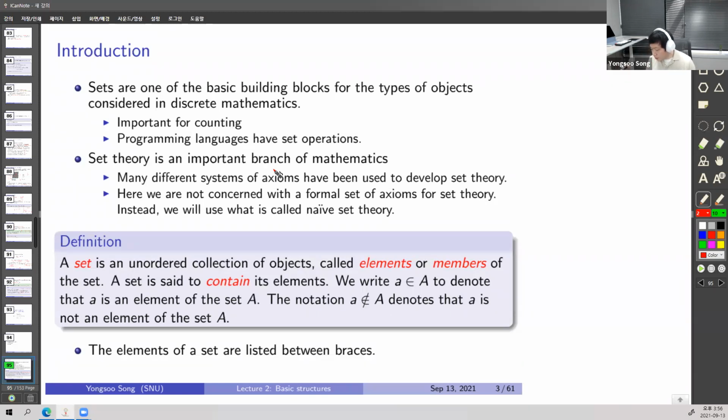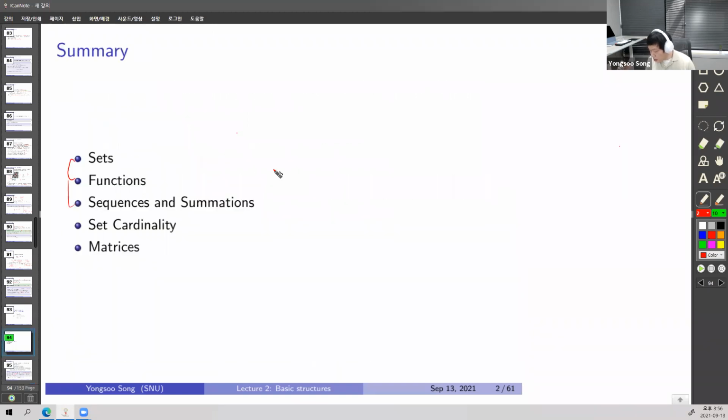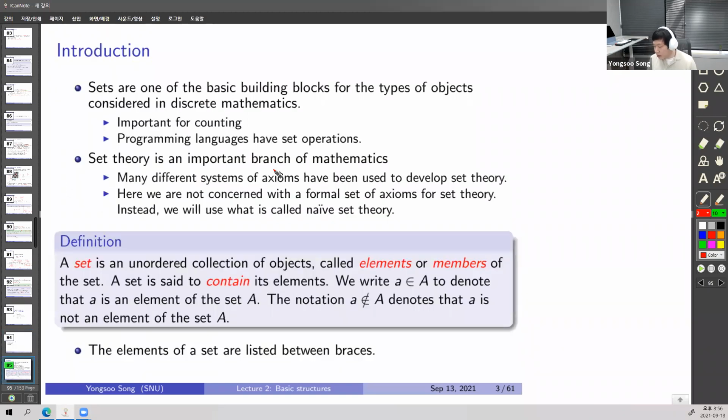So, okay, let's begin with sets. I am pretty sure that you're familiar with sets, but a set is one of the basic building blocks for some types of objects considered in discrete mathematics. It is especially important for counting, and other programming languages also support set variable types.